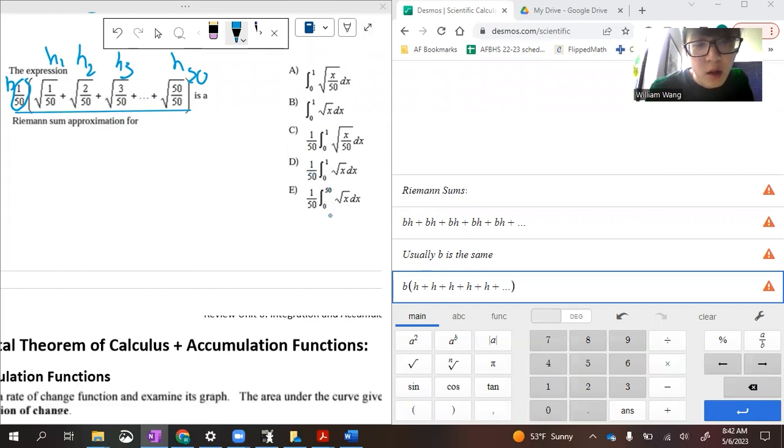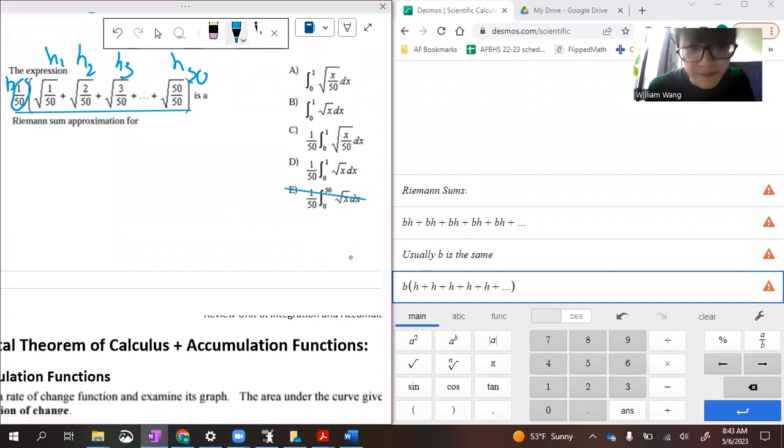If I'm estimating that one as a Riemann sum, I would go from 0 to 1, so my x value would just be 1, and my height would just be the square root of 1 when I plug it in. But here I have the square root of 1 over 50, so it's not going to be E, because when I plug in my x values, that doesn't make sense. You want to figure out which one of these makes sense when you plug in your x values.